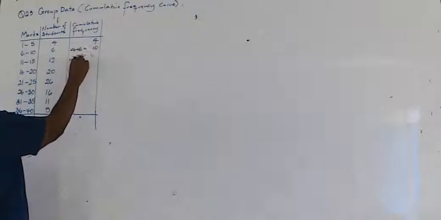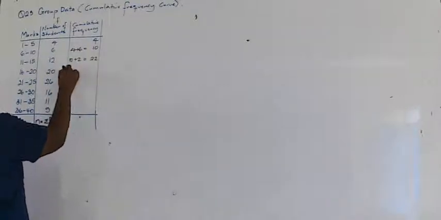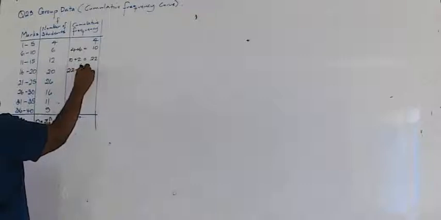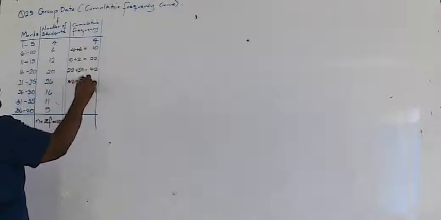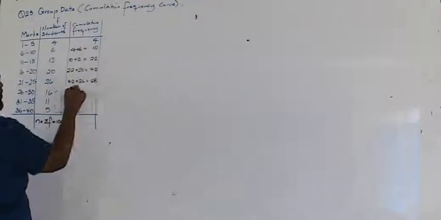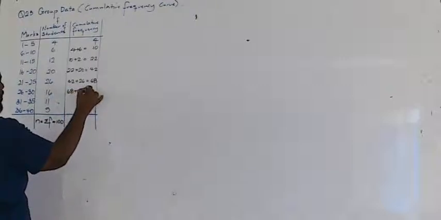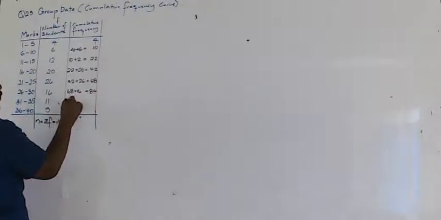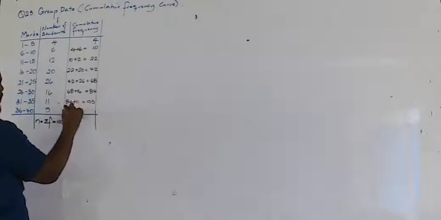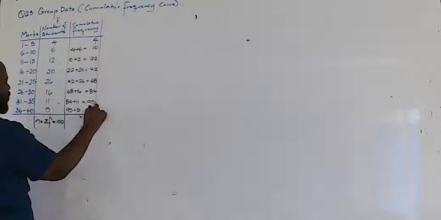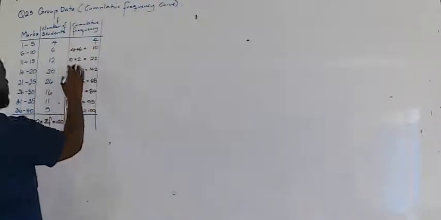Then 10 plus 2 is 12, 12 plus 10... 22 plus 20, 42. 42 plus 26 is 68. 68 plus 16 is 84. 84 plus 11 is 95. And 95 plus 5 is 100.